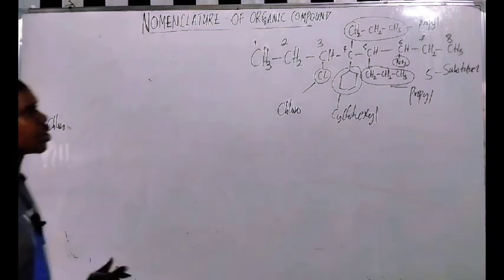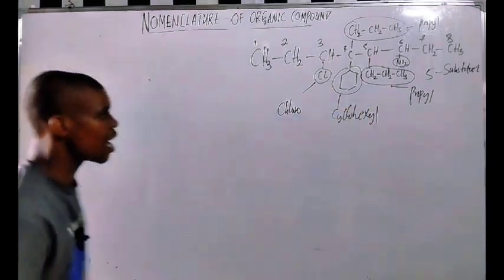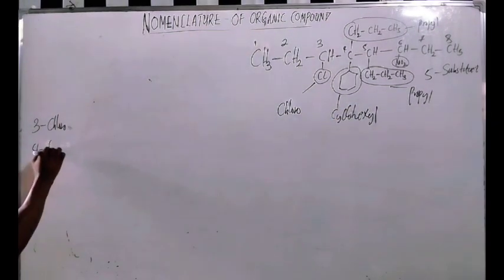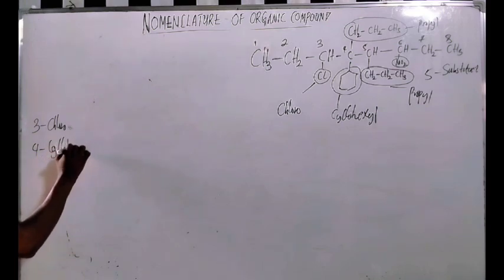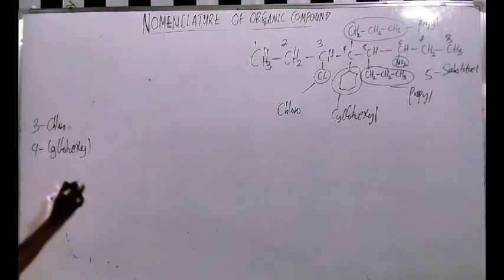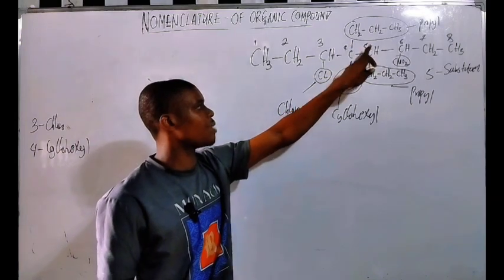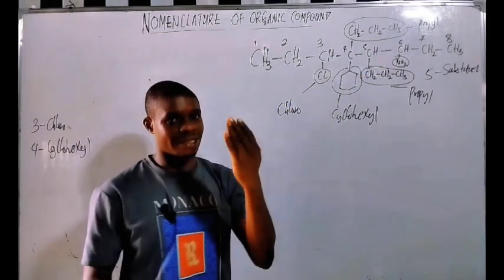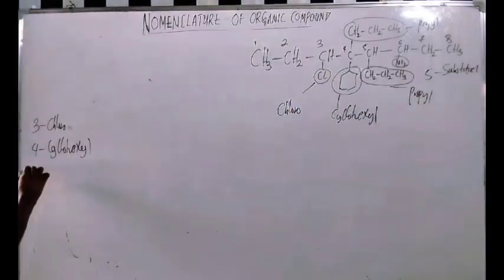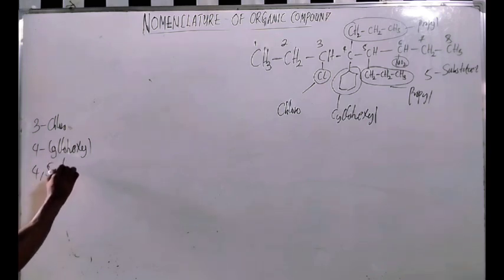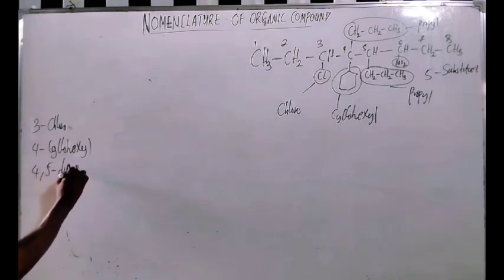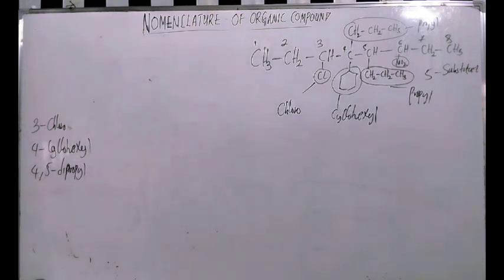The next is cyclohexyl, so you have 4-cyclohexyl. Now carbon number 4 and carbon number 5 have propyl. Two of them are the same, propyl. So it would be 4,5-dipropyl. This is the reason why I combine them together.